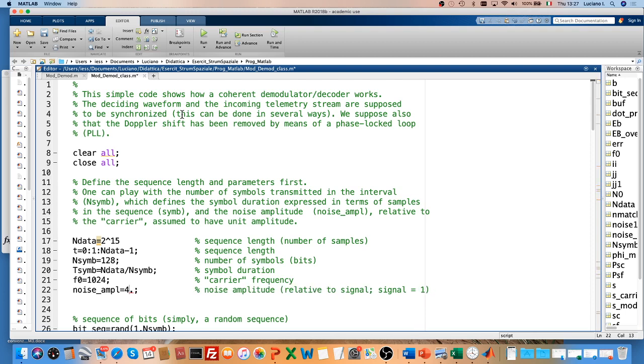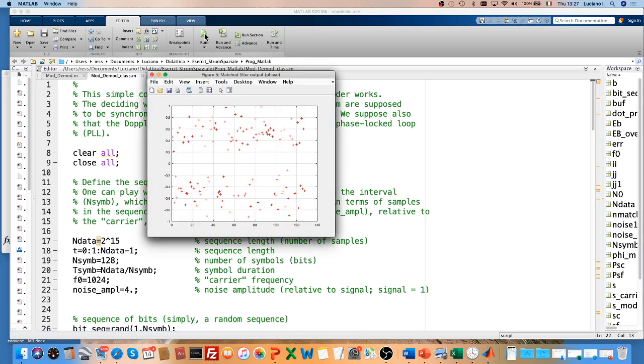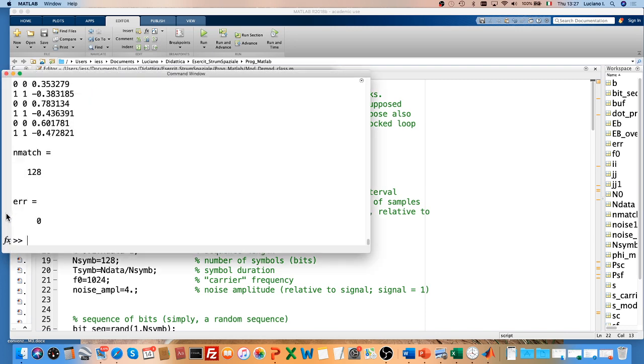Let us say 4. So 4 squared is 16, remember. And therefore the energy per bit. You see that now we are transmitting much fewer bits, 128. We are at our original setup. And we don't make any error.